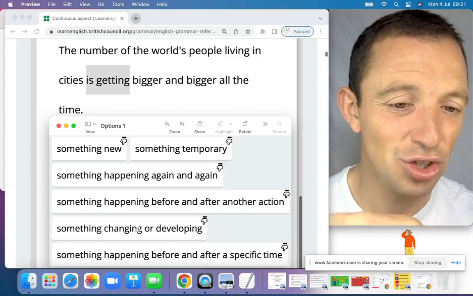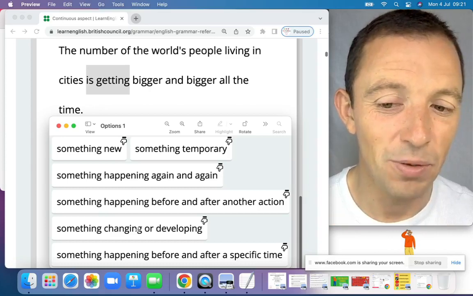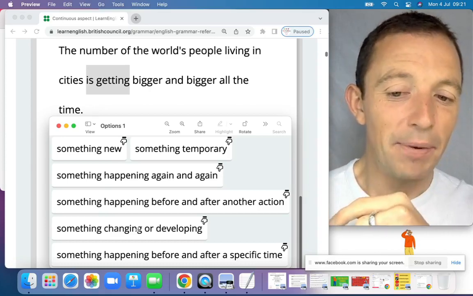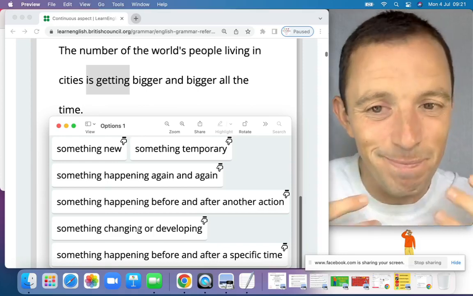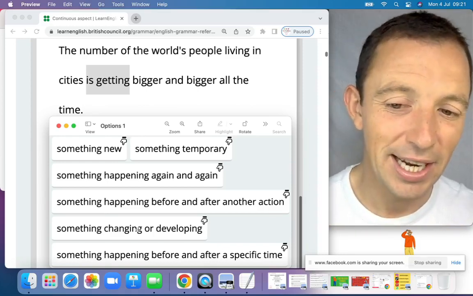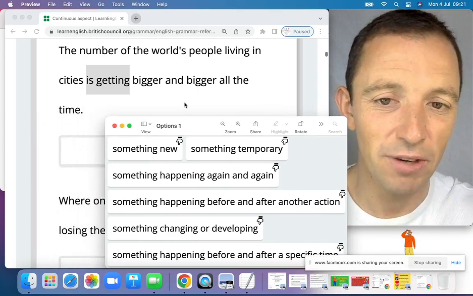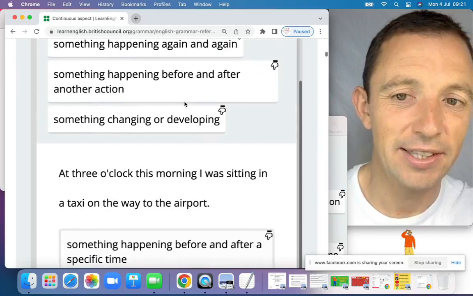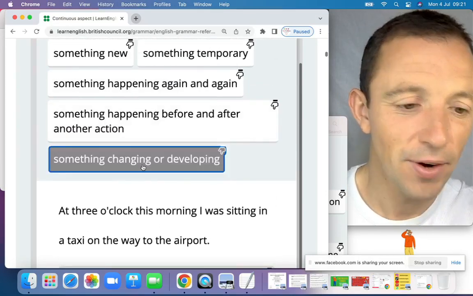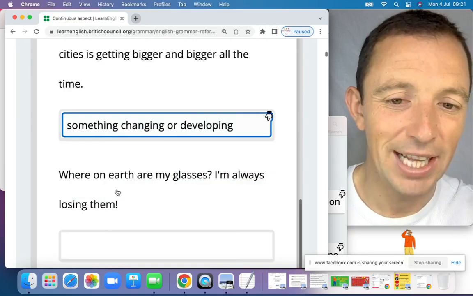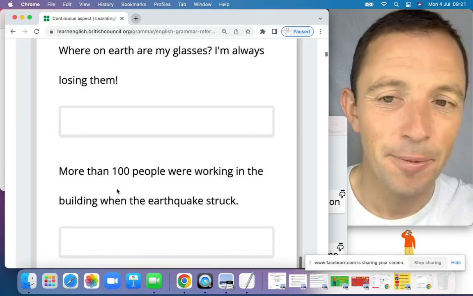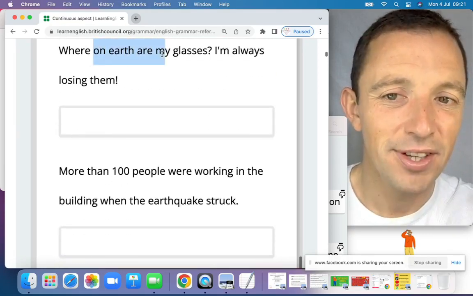So I think that's the strongest answer at the moment. Something happening before and after a specific time? No. So I think clearly it's something changing or developing, and let us select the correct answer, I hope, and that should be okay.